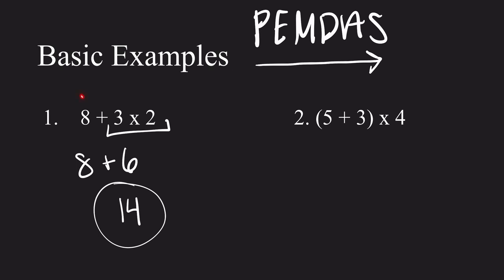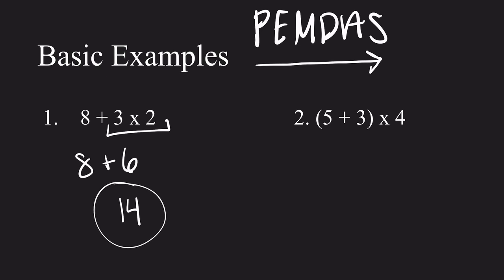Notice if you did it this way, 8 plus 3 is 11, times 2 is 22. That's not the answer we get. So super important, you want to start with that multiplication, then addition and subtraction is your last step. So do that addition last.